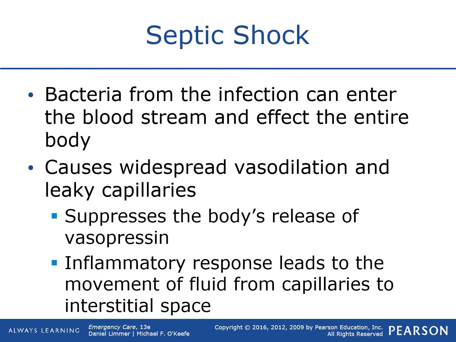So not only do we open up our container, but we also take fluid out of our container. So we have very, very low blood pressures. And that is what causes the high mortality rate with septic shock, because if we don't have enough blood pressure, we can't perfuse any of our body. So, like I said, it's a very dangerous form of shock that will lead to death very quickly.